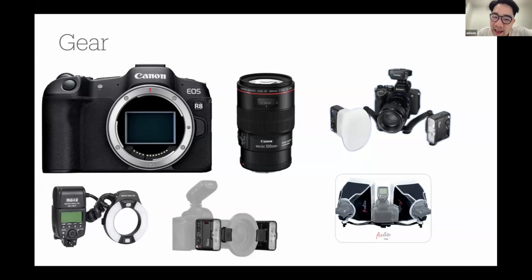If you're buying a lens that fits DSLR, in the future you will need another adapter to fit into your mirrorless camera. Since I'm buying the whole set new, I thought if I invest in a mirrorless now with a mirrorless lens, that will last me quite a bit. That's the reason why I got the mirrorless R8.